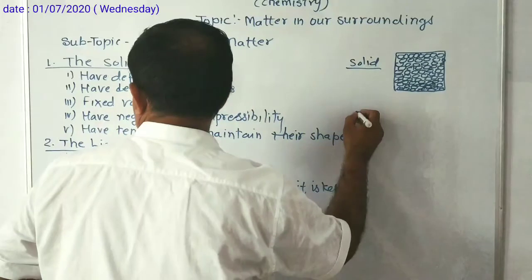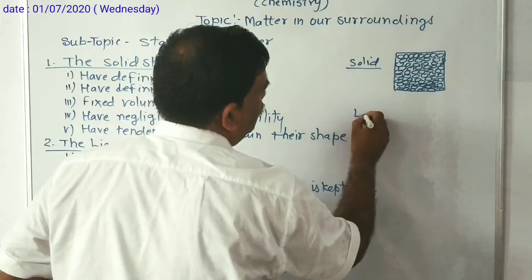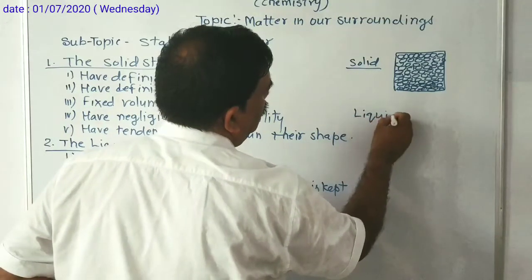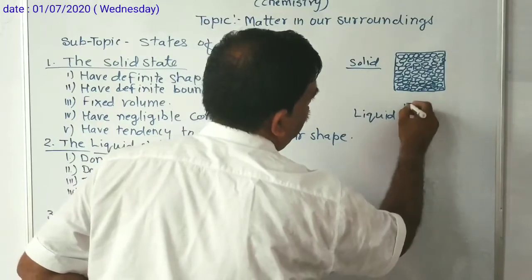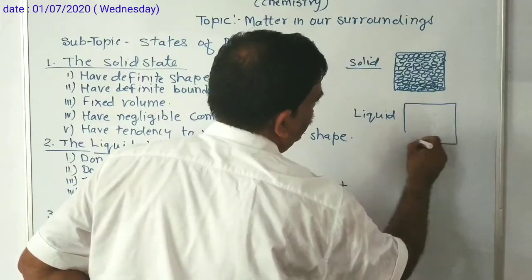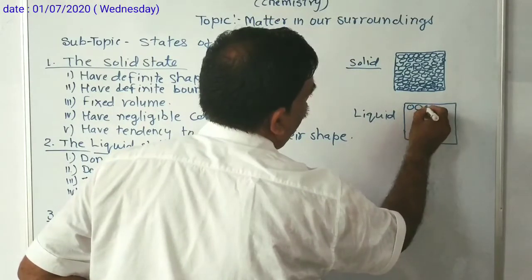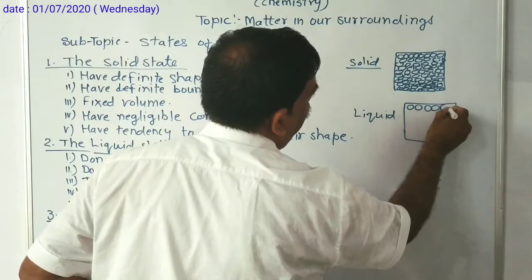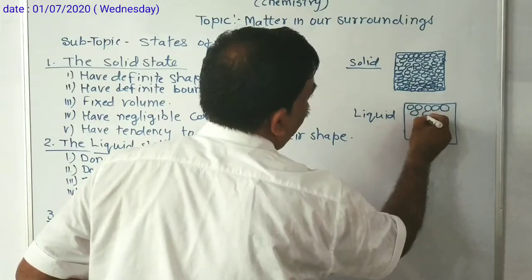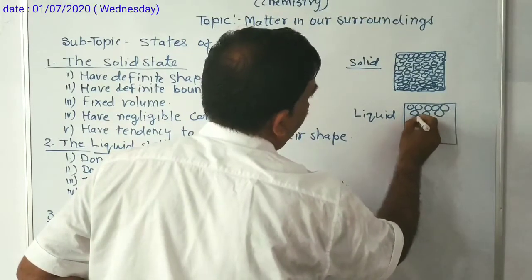Now we will talk about the liquid state. In the molecular arrangement of a liquid, the molecules may be closer, but they have more space between them.